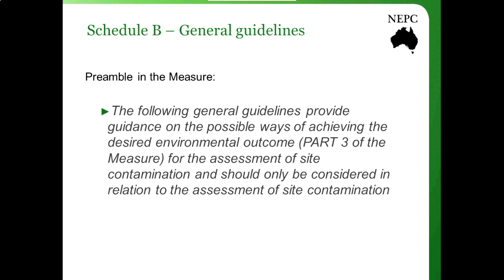And I've put this up. It's from the measure, and just highlighting what it actually says in the measure is that these are general guidelines, and they are one possible way of achieving the desired environmental outcome. So that's the adequate protection of human health and the environment, and I will come back to that.